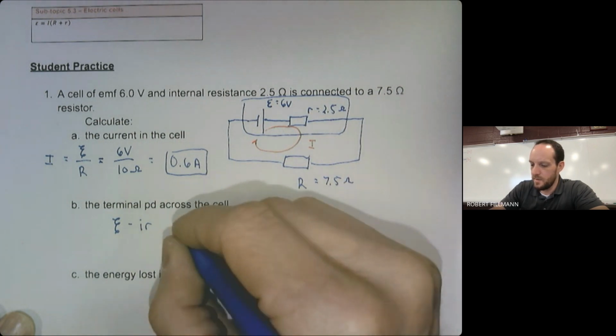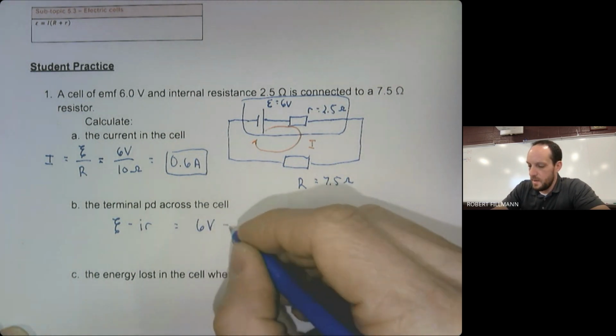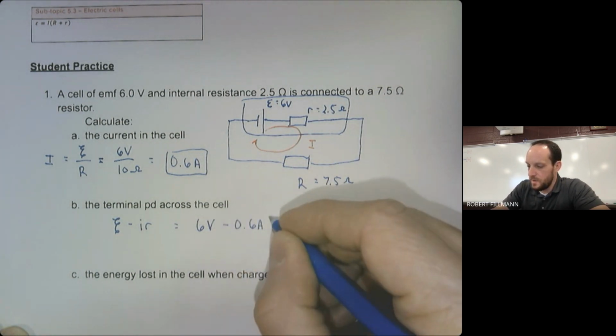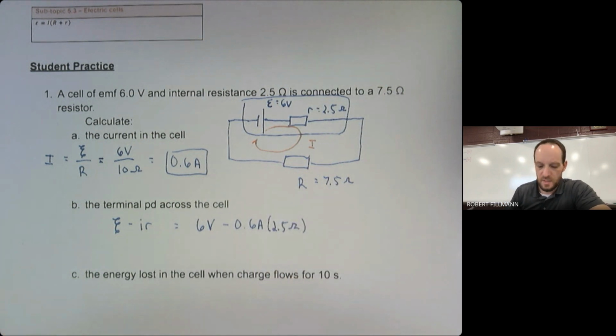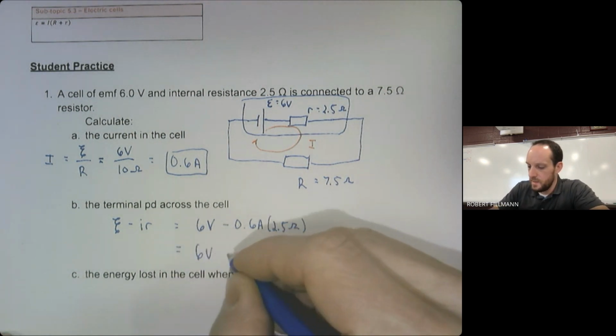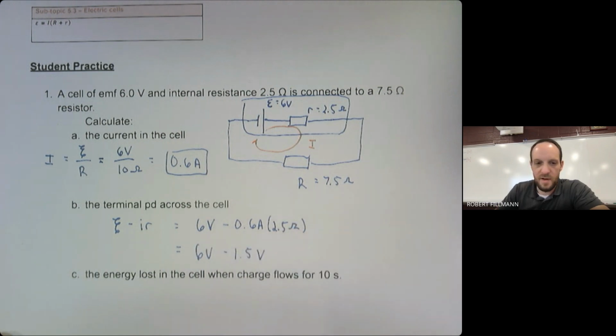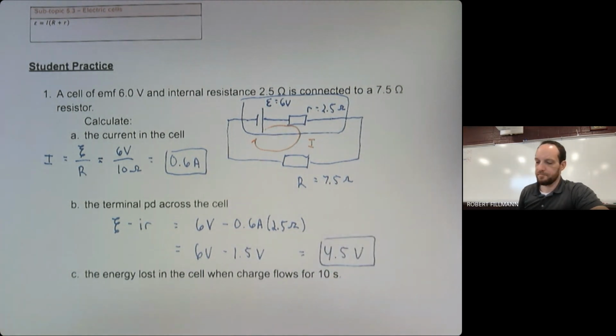Okay, so I know I've got 6 volts, and if there's no current, that's what I'll see on the outside of the battery, but then I've got my 0.6 amperes flowing through 2.5 ohm internal resistance. There's going to be some loss there. So 0.6 times 2.5 is 1.5 volts. So I'm losing 1.5 of my volts inside the battery itself. So therefore, what's available for the load is only 4.5 volts outside.